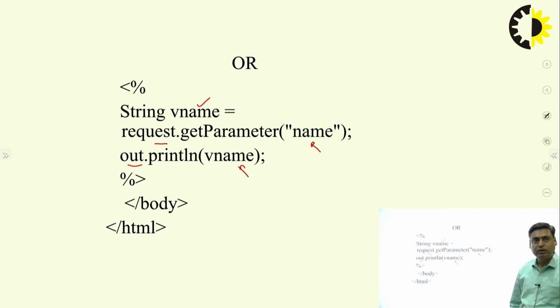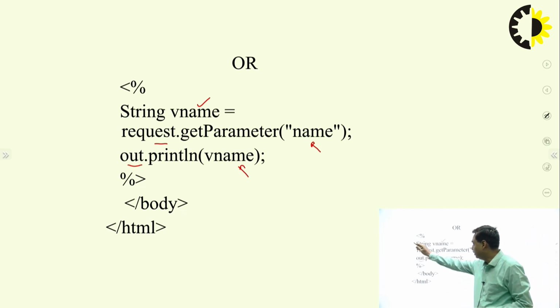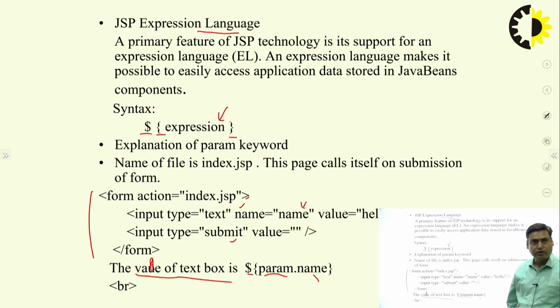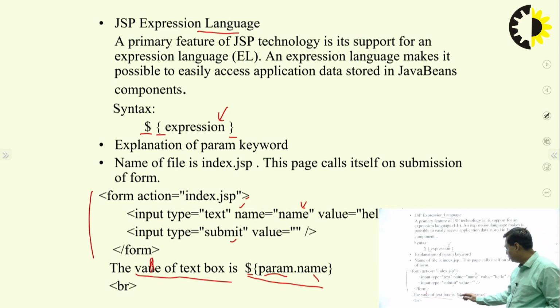If you are not using JSP expression language, then you have to write these two statements. If you are using JSP expression language, then it is very easy to display the value of a text box in the browser. Just use the dollar, param keyword and name of the text box.